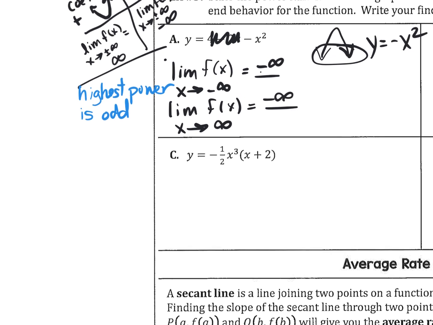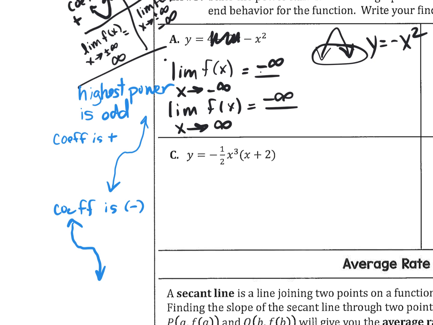It's going to look like this. If the coefficient is positive, it looks like this. If the coefficient is negative, it's going to look like this.